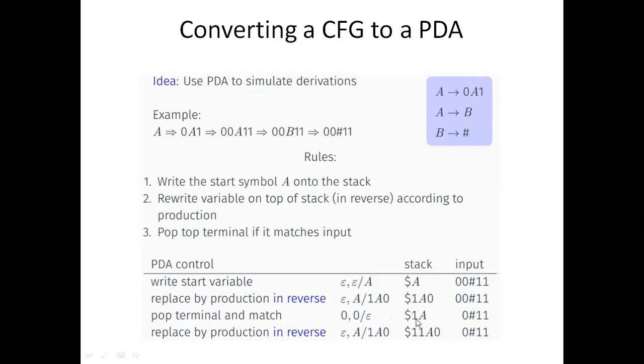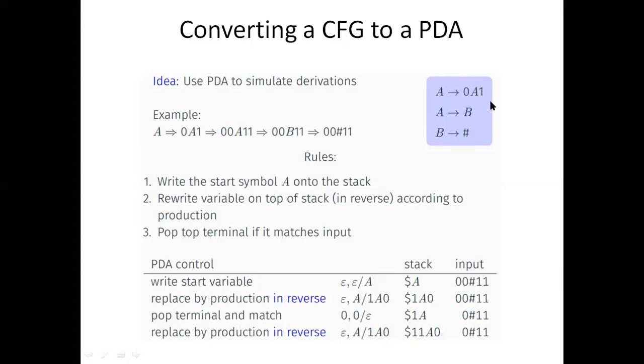Now we have performed the pop operation, and this is the content of the stack and this is the content of the input. In order to accept this input, what is the next step? In this simulation, I should again replace this A with these three things. So I want this to be pushed onto the stack.